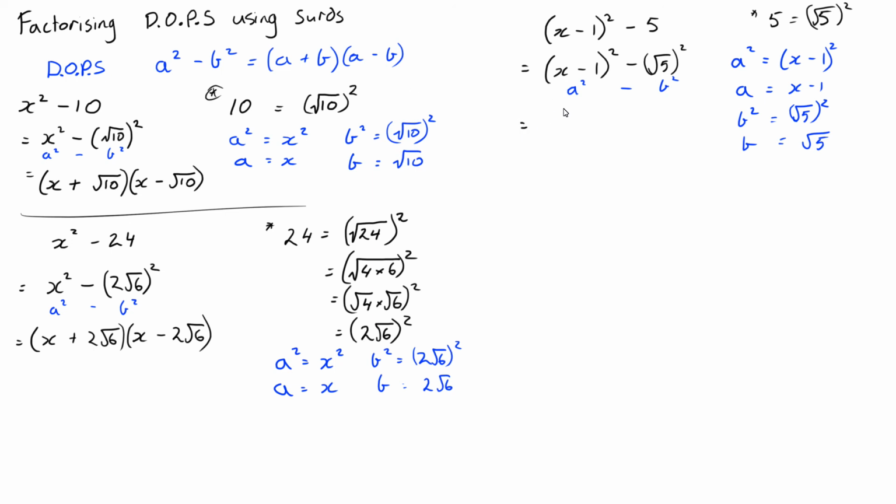So when I factorise it, I've got a, which is x take 1, plus b, which is the square root of 5, x take 1 again for a, minus the square root of 5 for b. And that's factorised. I can't really do anything with these two because they're not like terms, so I leave my answer as a factor with surds in it.